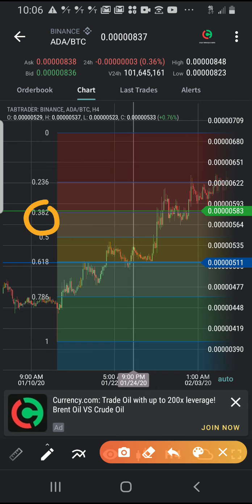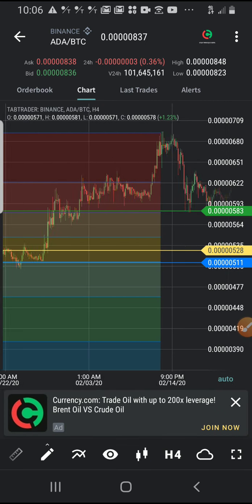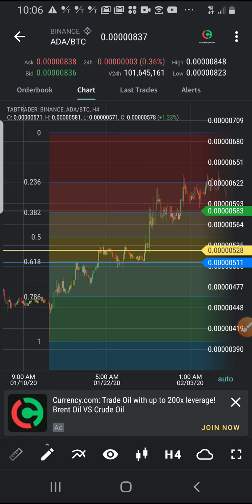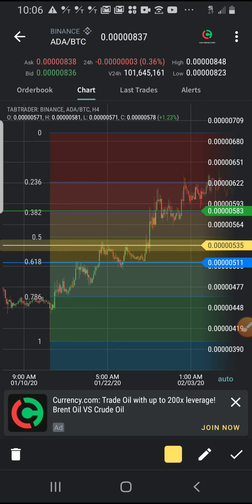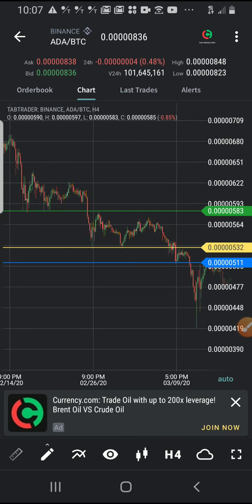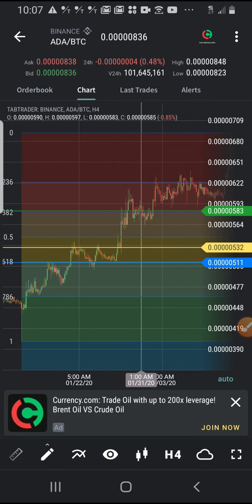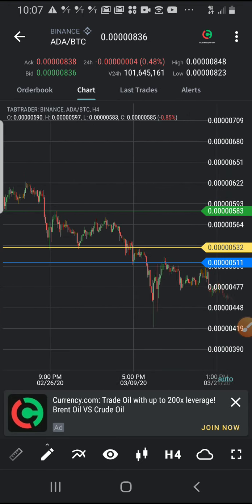Let's change the color to somehow this. When we take it, we'll notice that it's the level that acted as a resistance close to 0.5. Now it's acting as a support, which is the 0.5 itself, and it finally got broken and we met 0.618.